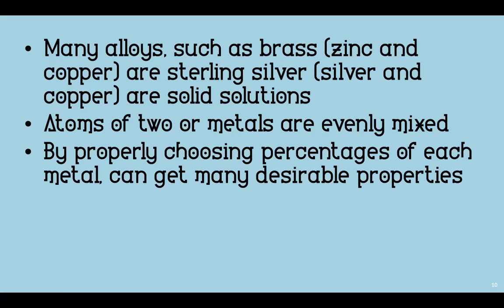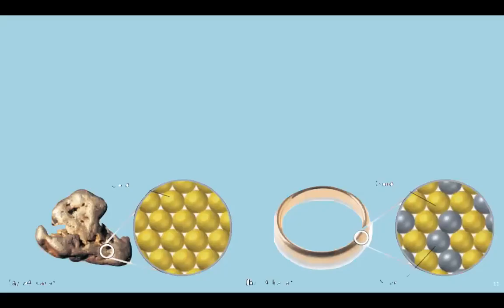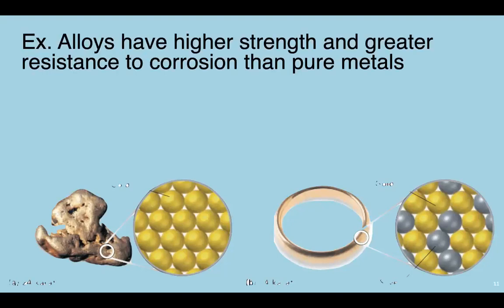When we choose alloys, we're choosing the kinds of metals and the kinds of percentages to get the properties that we want out of something. Bronze is another alloy. Since the Olympics just finished, we have gold, silver, and bronze is an alloy.